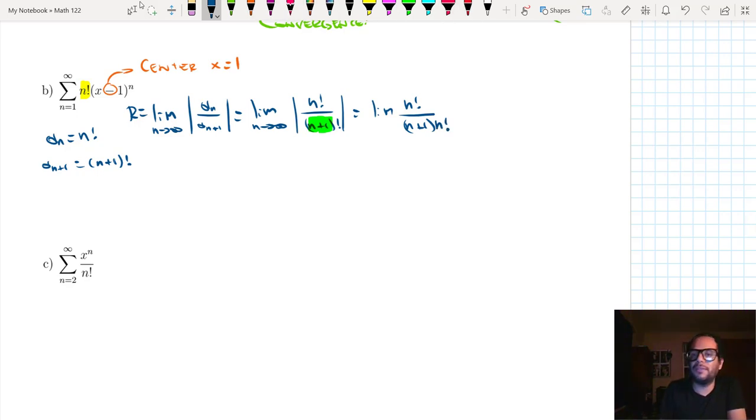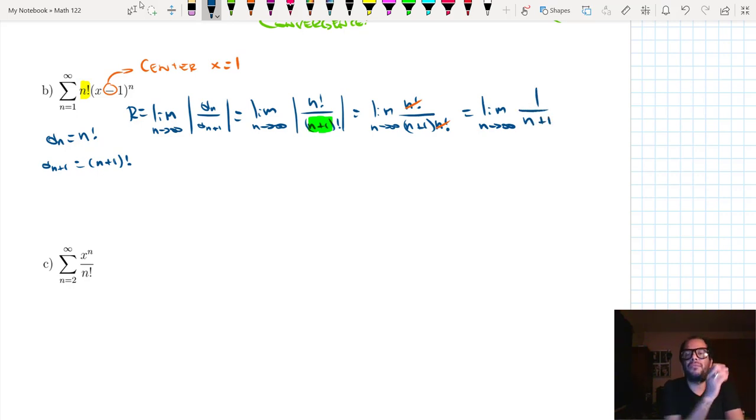The reason why I don't continue n minus 1, n minus 2, etc. is because this coincides with the factorial we have in the numerator, to divide it out as n approaches infinity. So we're going to have the limit as n approaches infinity of 1 over n plus 1.